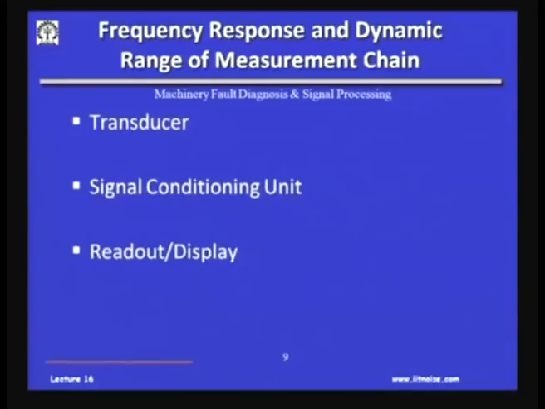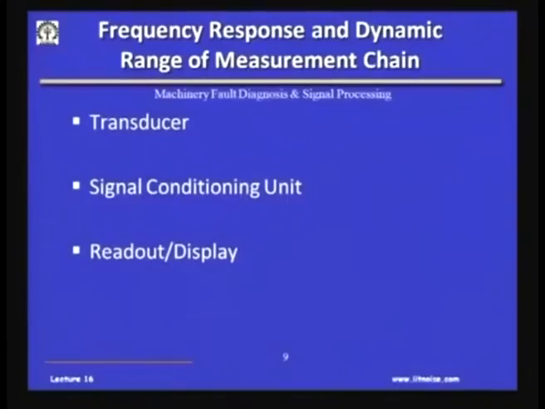So, when we have the frequency response of the transducer in an entire measurement chain, when you are talking about a transducer having a good frequency response of 10 kilohertz, and I put in a signal conditioning unit with a response up to 5 kilohertz and a digital display of only 2 kilohertz, I cannot say that I have a 10 kilohertz bandwidth of measurement, and that is the important mistake people make, and we will discuss that in the subsequent classes when we talk about the transducers.